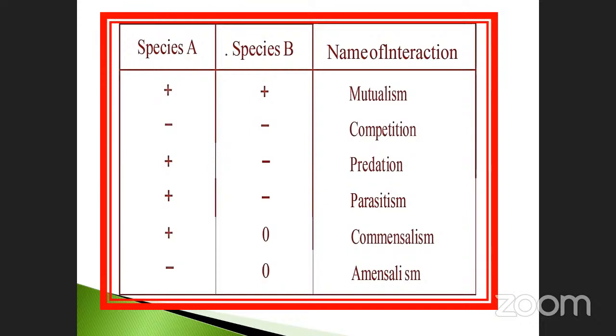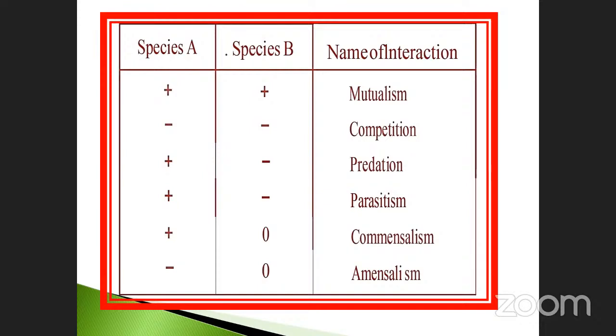Parasitism, here also plus and minus. You can take examples like Cuscuta on any plant, such as the neem tree. Take examples of liver fluke, Taenia solium, Ascaris. These are all parasites, otherwise called endoparasites. Endoparasites means they are present inside the human body only, isn't it?